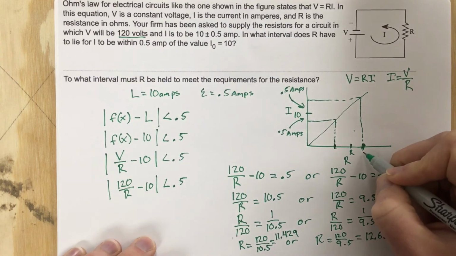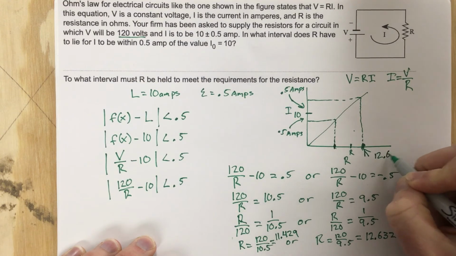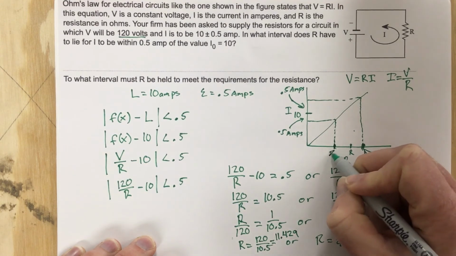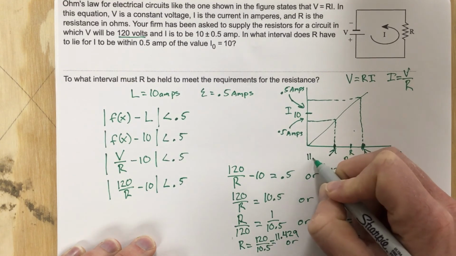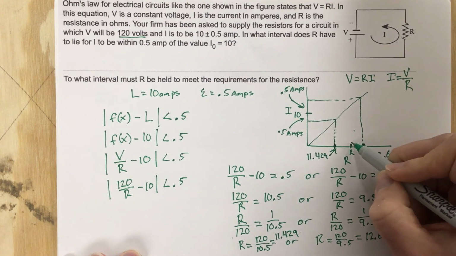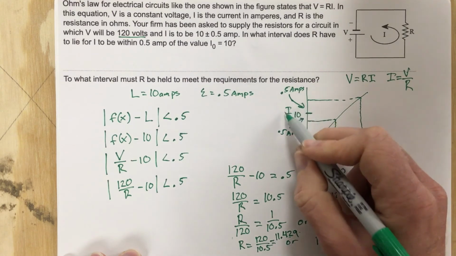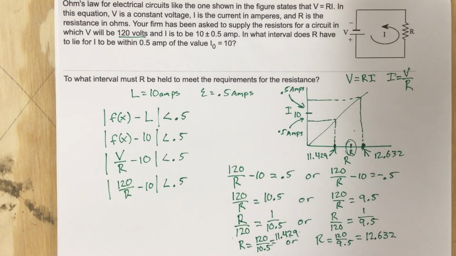So our value here is going to be 12.632, and our value here is going to be 11.429. Now we know we need to be between these two resistance values, because our value has to be inside of here in order for us to produce this current value of 10.